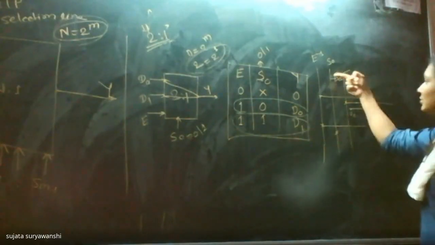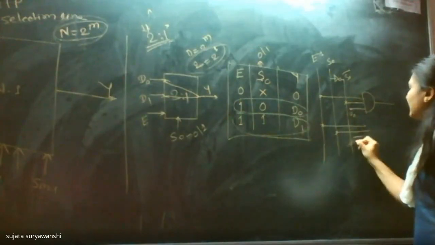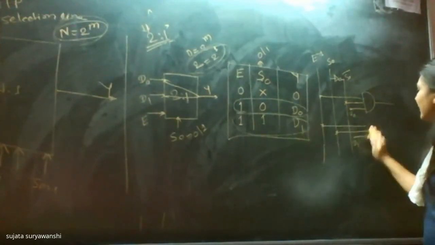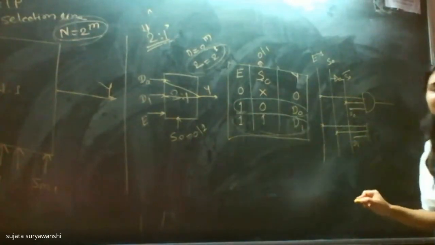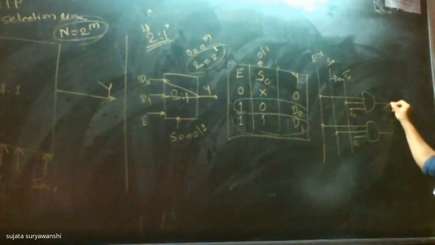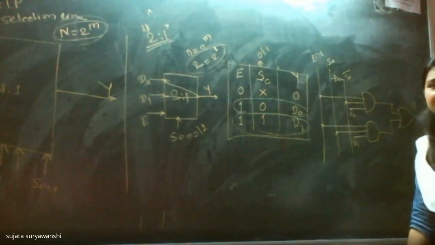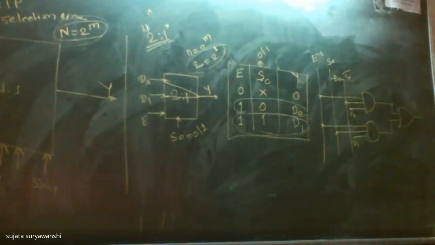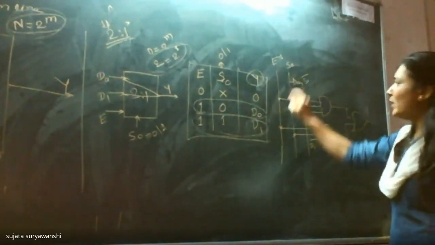You have to take one line from S0 and another input will be D1. Again use a product term because your truth table gives product terms only. So this is your product term and use an OR gate which will give you output Y. Okay, this is your output. Suppose E is equal to 0.